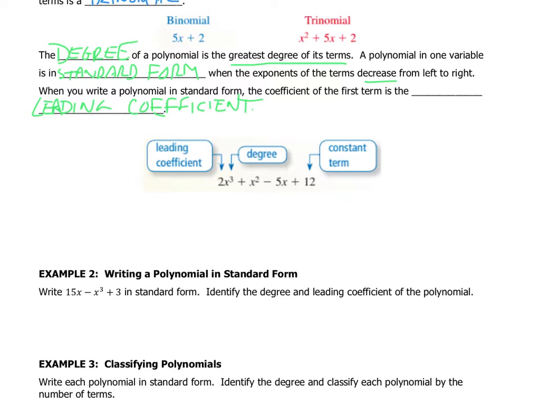And the last one is the 0 degree. So to write these in order, I would put my highest one first: negative x to the third, that's the highest degree, plus 15x plus 3.